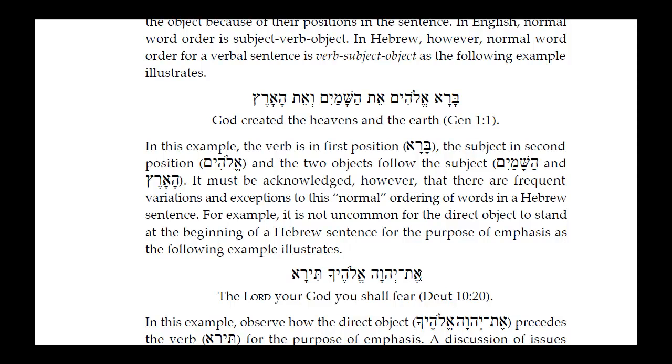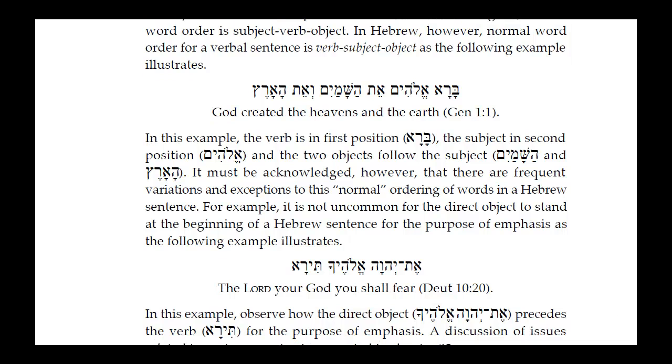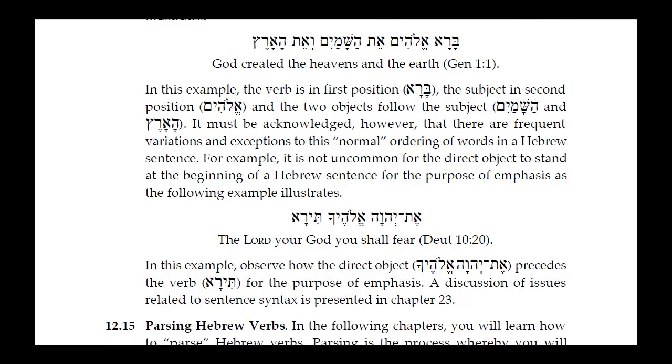So the emphasis is placed on the direct object here, that only the Lord, your God, you are to fear. And that's the reason why it's placed at the beginning of the sentence. In this example, observe how the direct object, et Adonai Elohecha, precedes the verb tira for the purpose of emphasis. And we're going to get into the discussion of issues related in chapter 23.